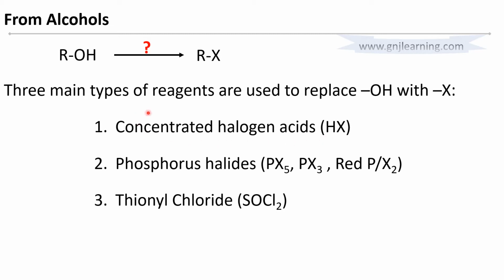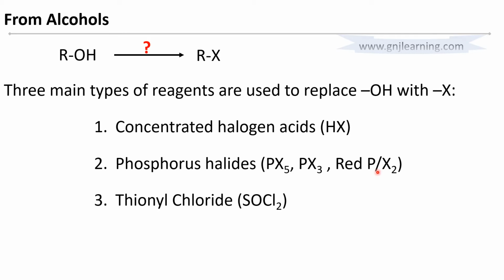All these concentrated halogen acids can be used as a reagent to replace OH with X. Or I can use phosphorus halides, either PX5 or PX3, or even raw substances to create them inside the test tube: red phosphorus and X2 on heating.